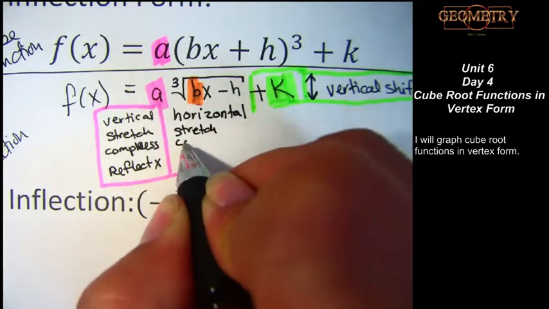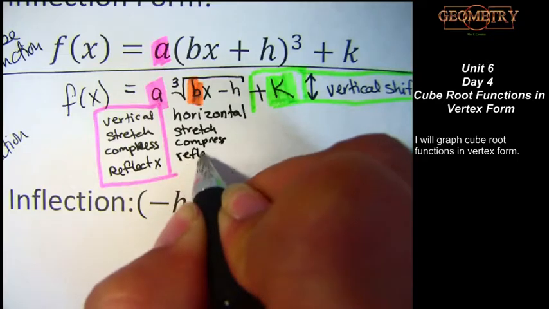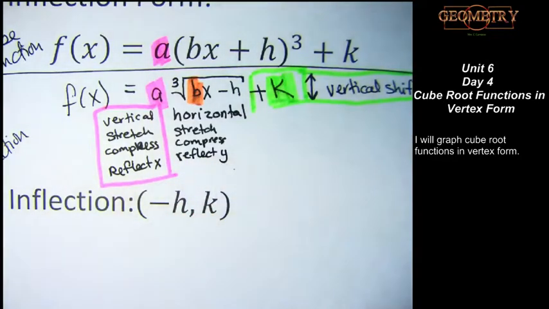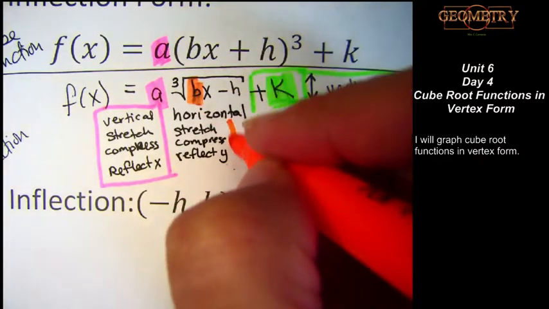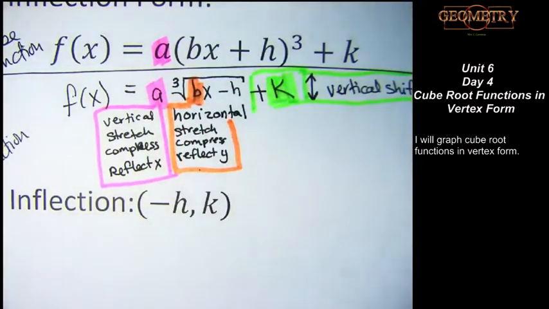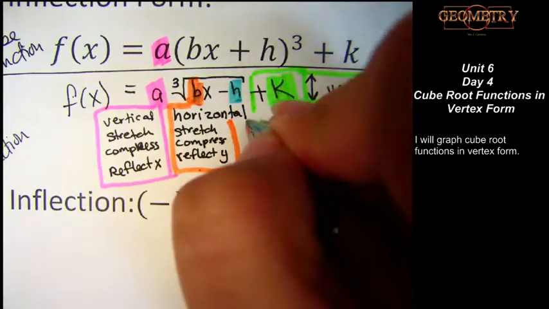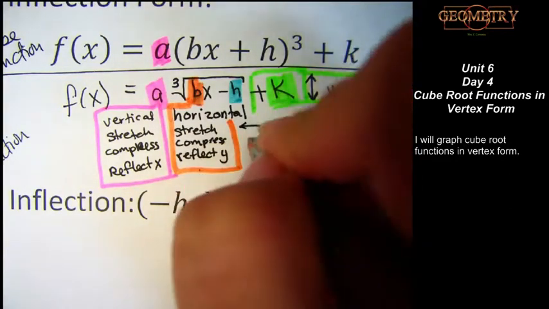A stretch, a compress, or a reflect. And as she said, that reflect is across the Y. What does the H do? Left or right. It is some sort of horizontal shift.